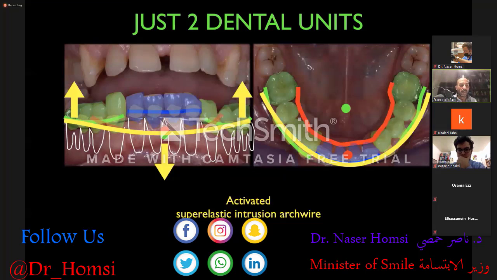This segmental appliance can seem quite strange, but if considered regarding the elasticity and rigidity of the appliance, it is somehow quite easy, because just two dental units are inserted in the appliance.